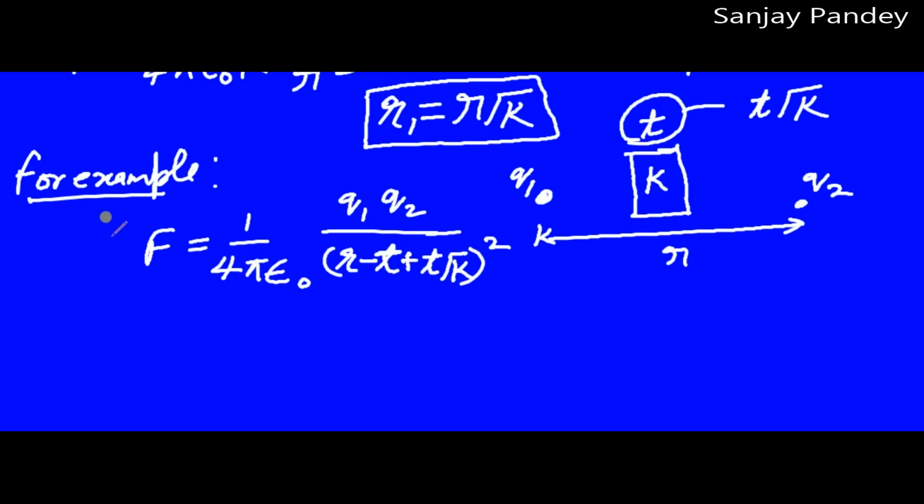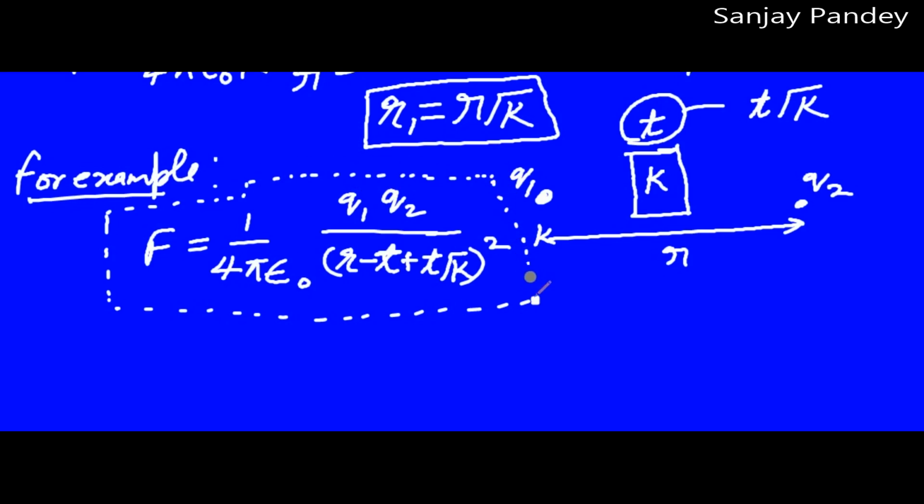This is the formula of Coulomb's law for the electrostatic force acting between two charges placed in vacuum and have a slab of thickness T having dielectric constant K.